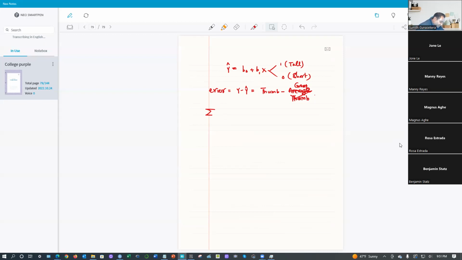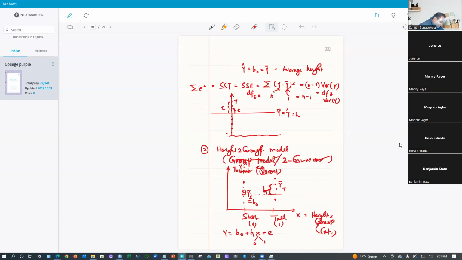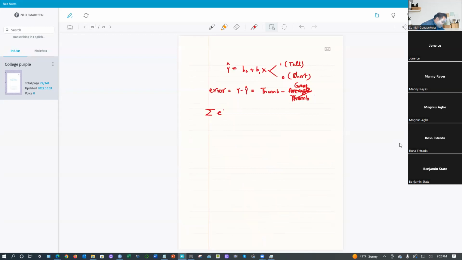Let's say this person here to its mean, that's an error. Then you subtract, square them all, and sum them. That's what we call the sum of squared error.